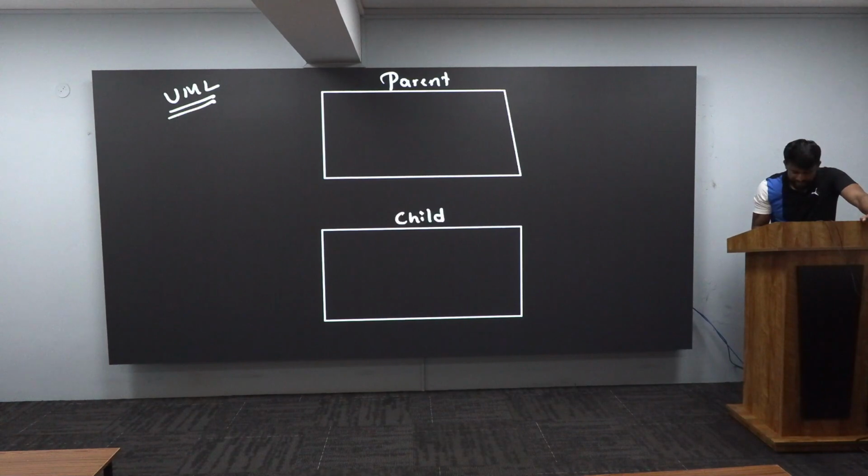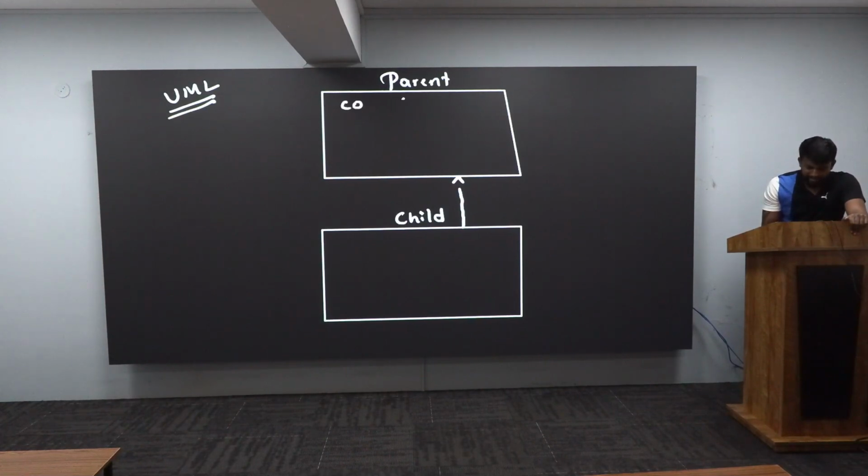That child is inheriting from the parent. Inside the parent, there will be certain things. What is that? Parent will be having a color. Am I correct?